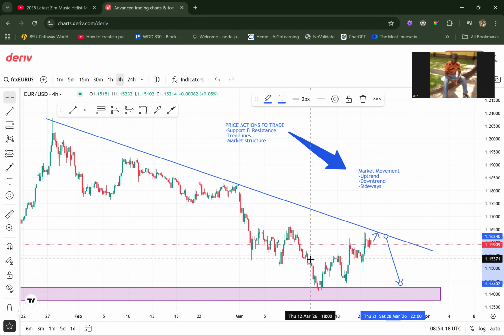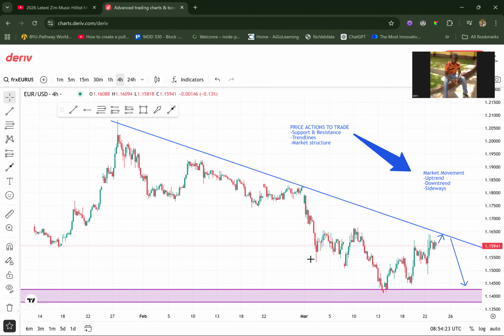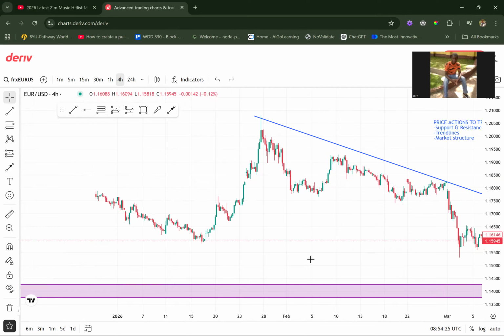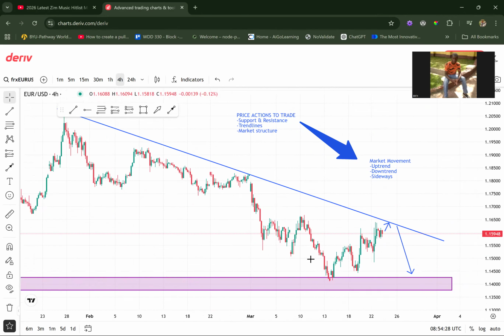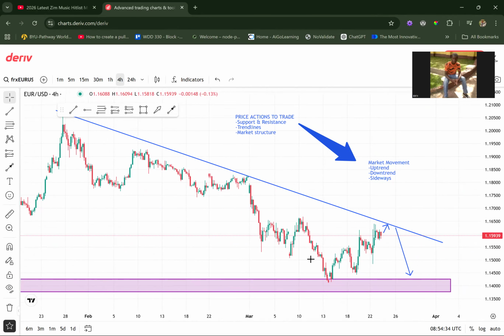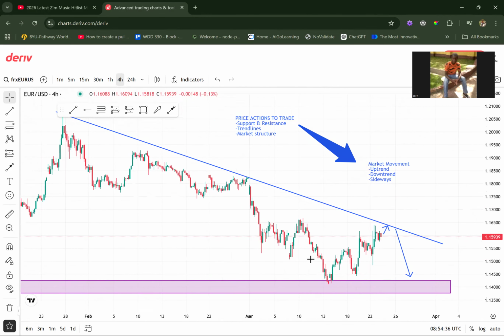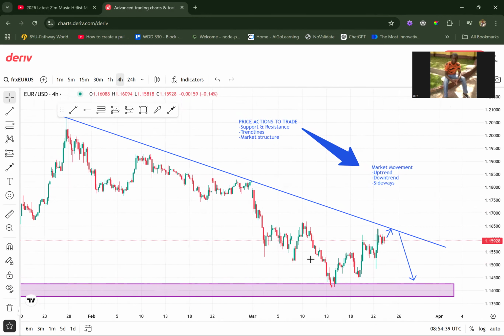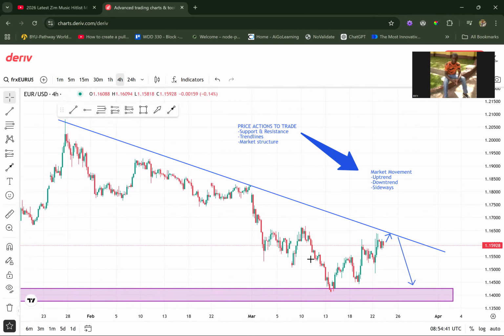Now that we've finished here, we need to start looking for our entries, but we need to be patient. Sometimes when you're putting trend lines, you also need to look at other things.